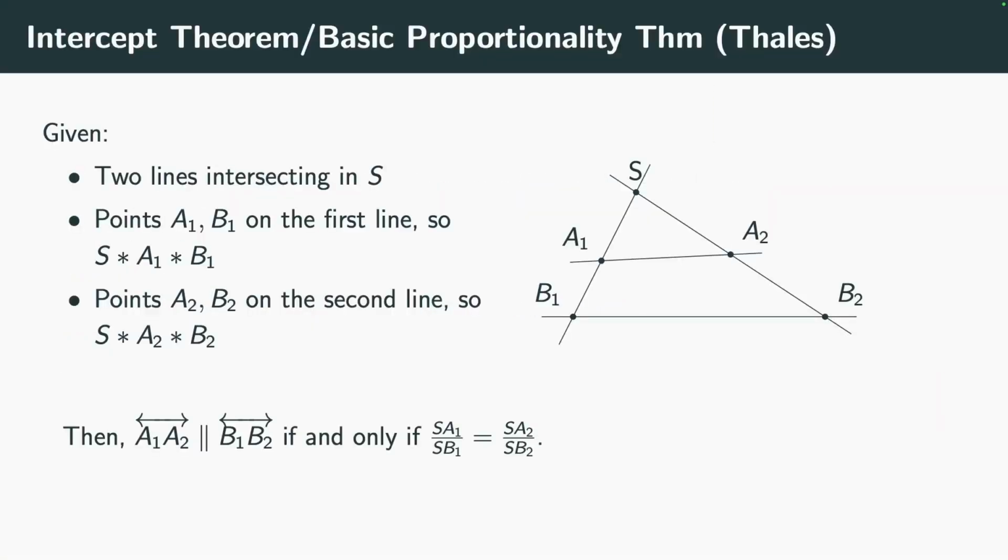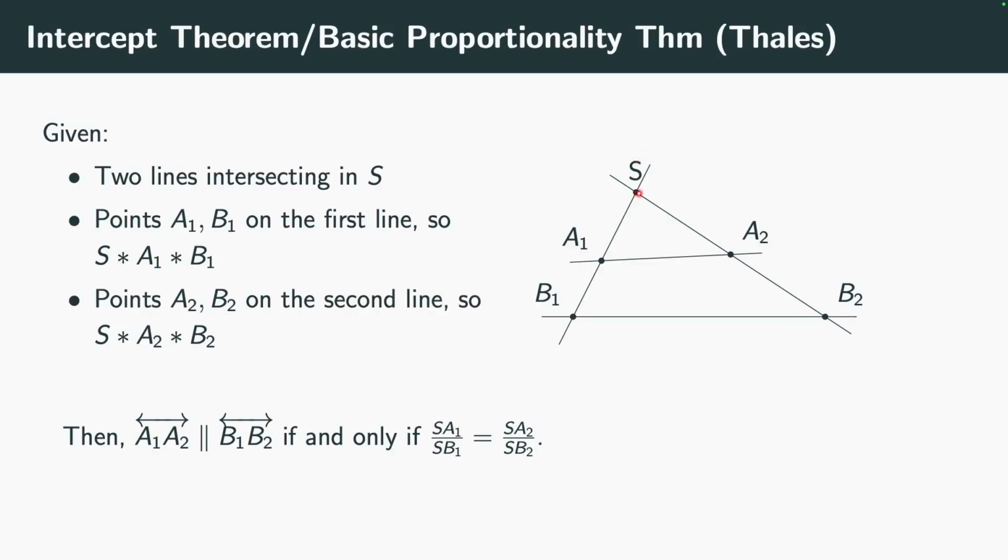Okay, so let's restate the basic proportionality theorem, traditionally attributed to Thales of Miletus, also called the Intercept Theorem if you look on Wikipedia. Actually, both of those names are used on Wikipedia, and a few other names are also used in the literature.